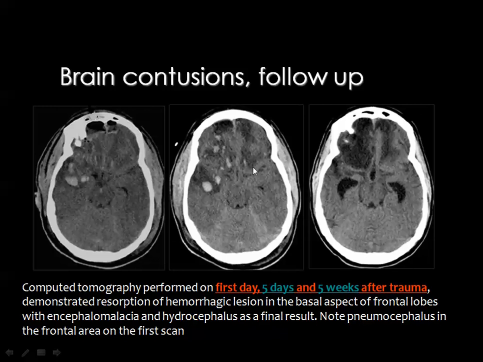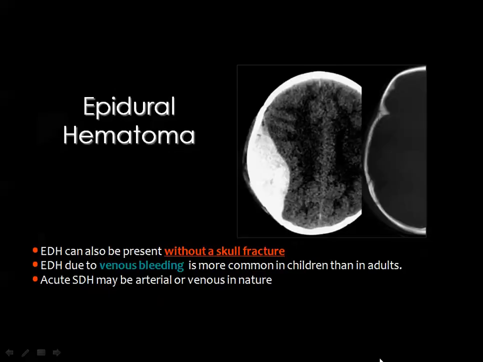Later on, the swelling will start to regress, but you still see the hypodensity and the hemorrhagic foci. And finally, you get an area of damaged liquefied brain tissue representing encephalomalacia, and the development of hydrocephalus here is most likely related to the presence of subarachnoid hemorrhage at the time of injury.